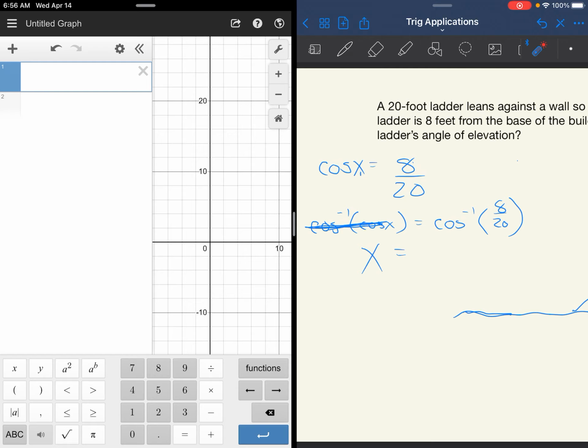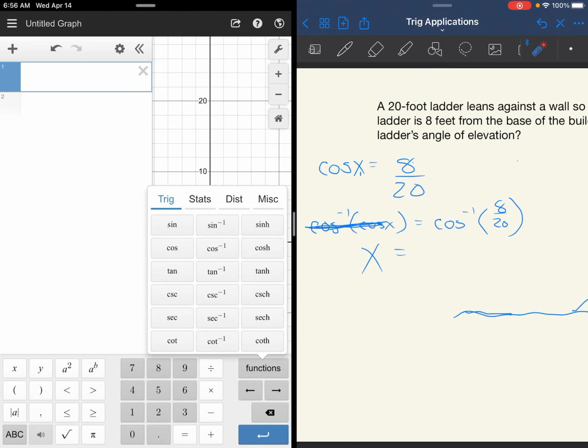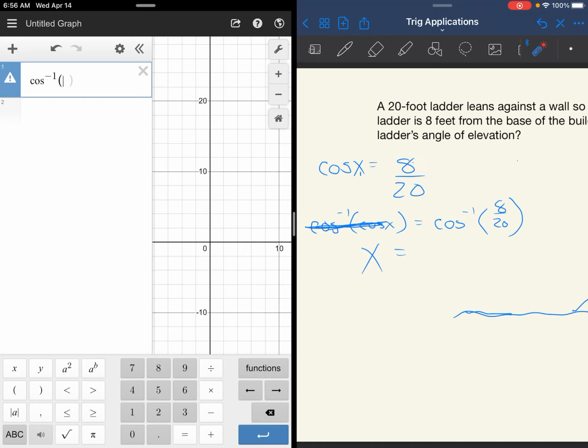You've got to select functions on the keyboard. There's a key that says functions. I'm going to push that, and I get all these functions. You have trig, stats, dist, and misc. You need to make sure that trig is selected. You'll see these options right here. I'm going to select cosine -1.